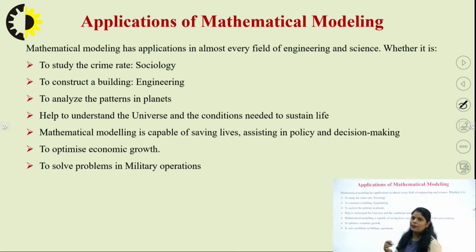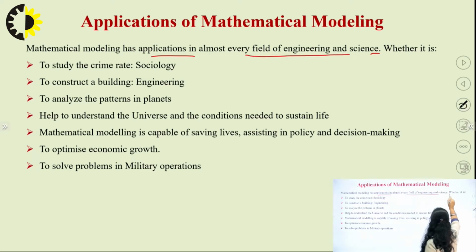Now we come to the applications. So different applications where we can use the mathematical model. A mathematical model has application in every field of engineering and science. Almost everywhere we are using mathematical models.